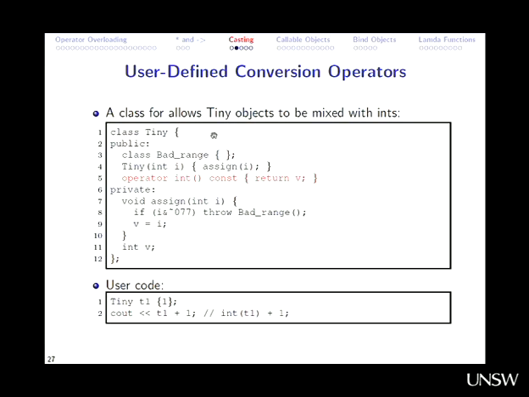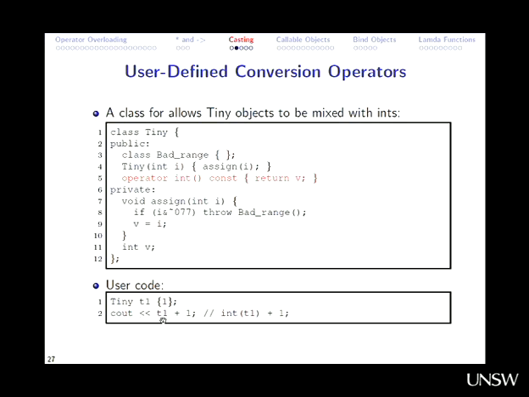Okay? Here is a class called teeny. This teeny int class is basically like a small int or something like that. We want a way of being able to cast teeny objects back to int objects, or be able to use them, okay? So here's some code. We construct a teeny object t1 with value 1.